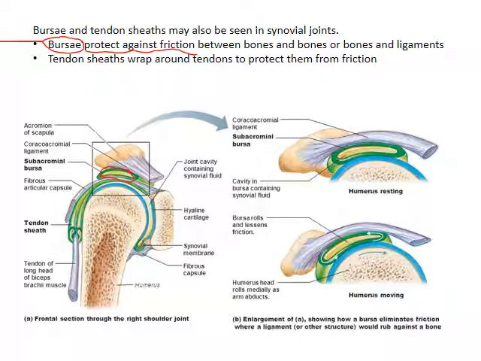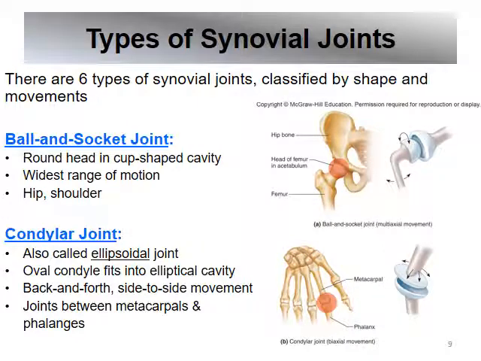Here we're seeing this part, so that's a bursa. It kind of looks like a little pillow. Then the tendon sheaths are protecting the entire tendons. Know that these wrap around the tendons where these are by the joints to protect them from friction. Bursitis is the inflammation of the bursa and tendon.